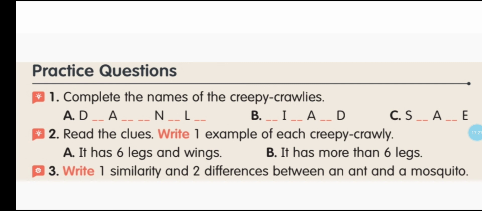Ant is small and the mosquito is also small. That is a similarity. Similarity means which have the same features. And both are having 6 legs, that is also a similarity. And the difference is mosquito sucks blood whereas ant takes leftover food items.